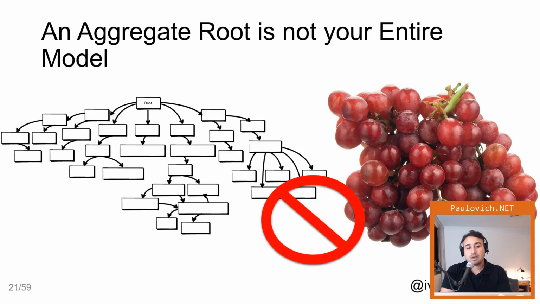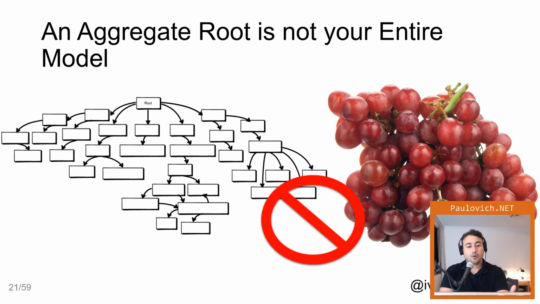Well, a simple analogy of what isn't an aggregate root is this. When you don't see the boundaries of your cluster, like in this case, these grapes, it's a bunch of grapes, but you do not see where it ends. It's a lot of grapes here, right?